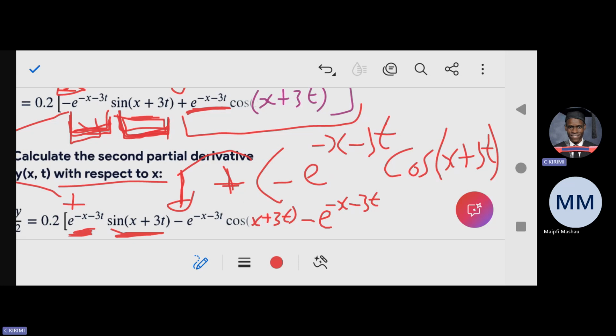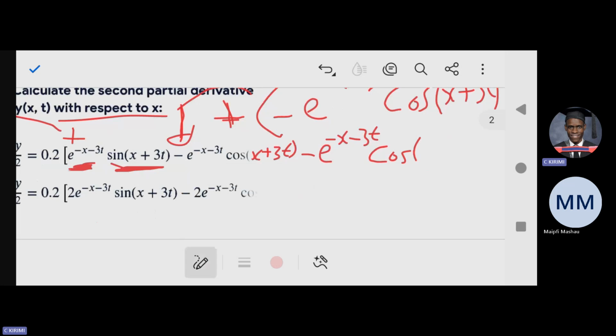So I must keep cos x plus 3t as a constant. That's what I want to keep.